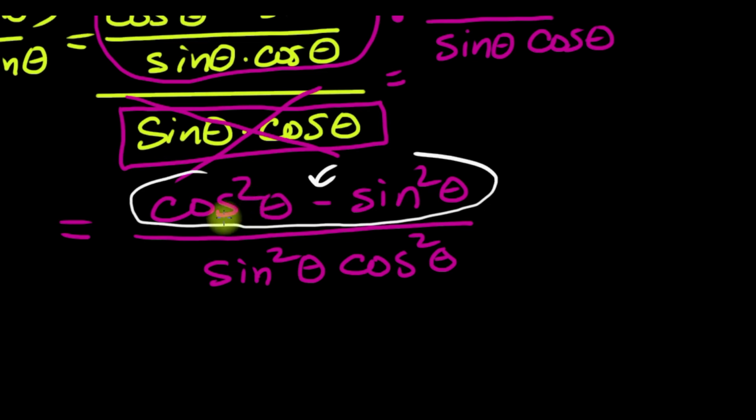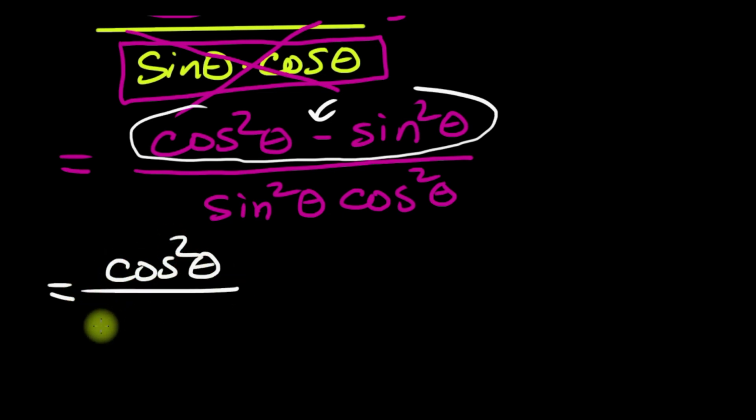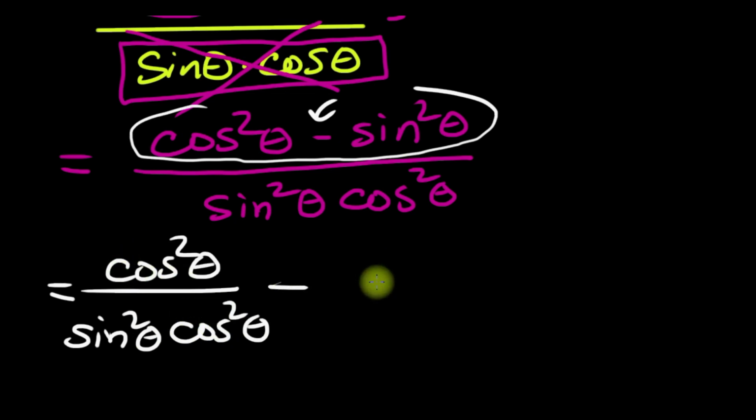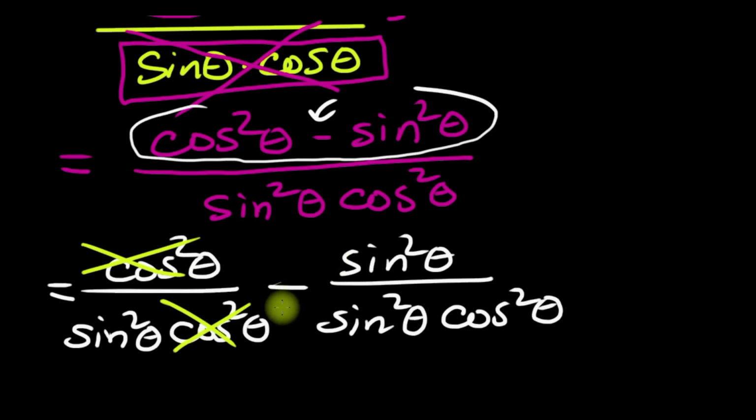Oh, okay, so here we're going to split them up so we can cancel some of them. So we can split up into two fractions here. So cosine square over sine square cosine square, reduce it. And then here we have sine square over sine square cosine square. Okay, so here we're going to be able to cancel cosine square over cosine square.